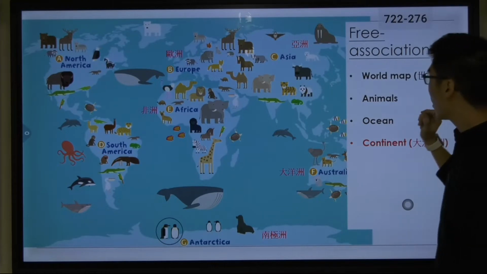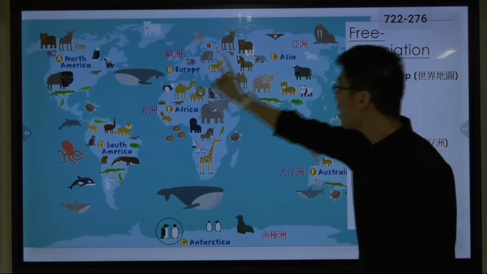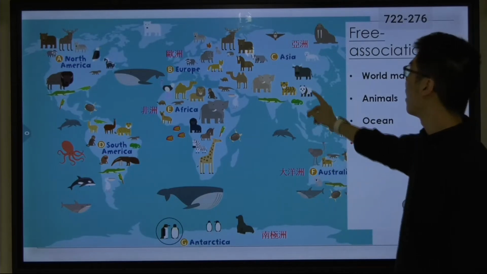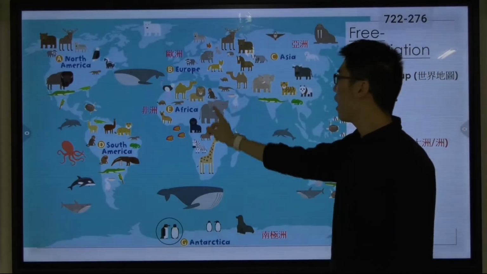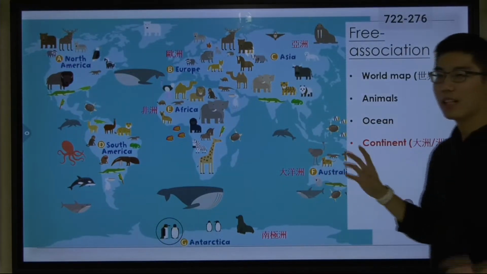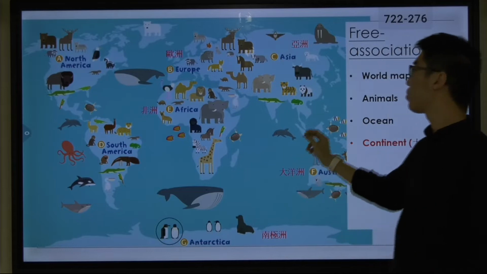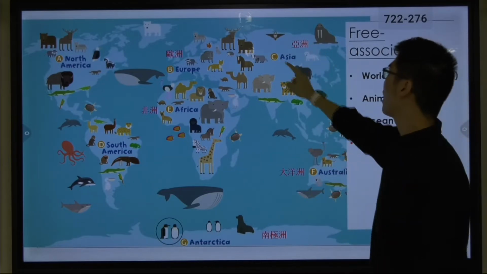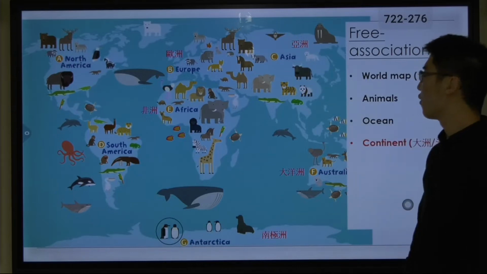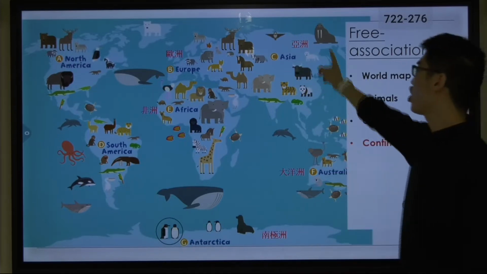More important things we are going to teach in this photo. You can see Asia, Europe, Africa, so we call these continents, 唔同嘅大洲、大陸. You can see the Chinese right here, Asia means 亞洲. Where do we live? We live in Asia.